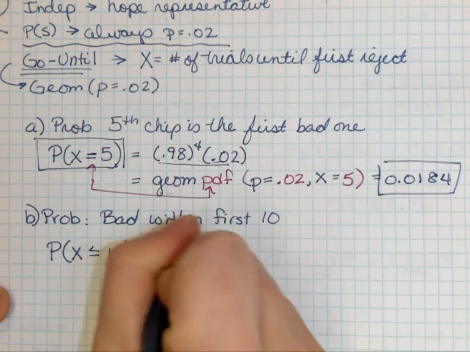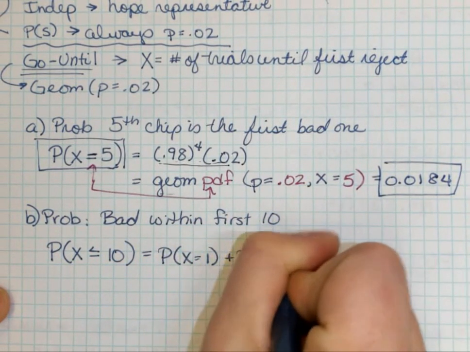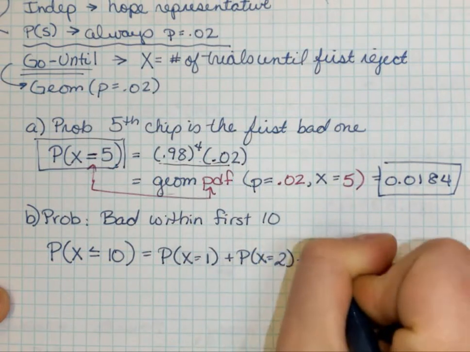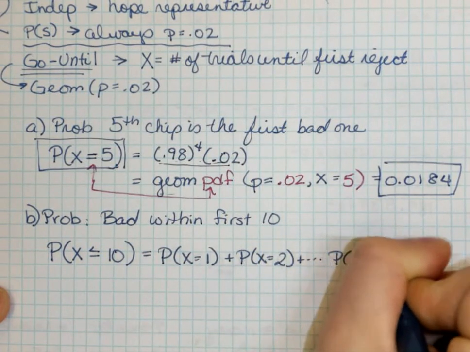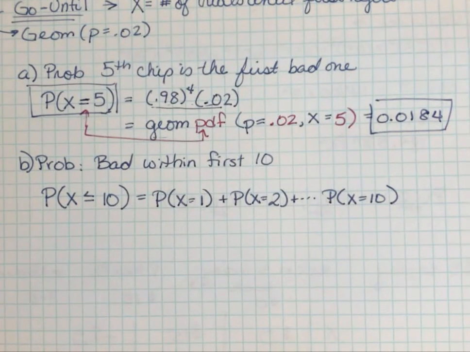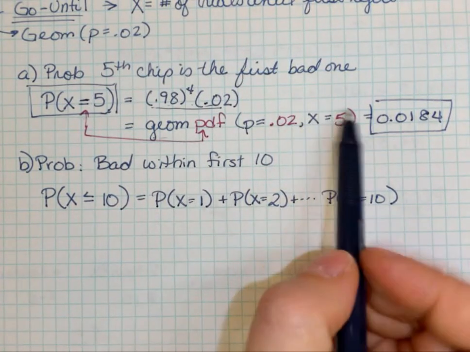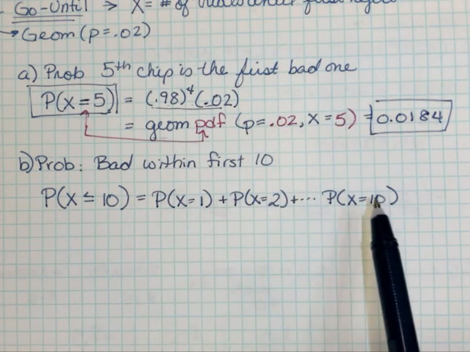That means the probability that it happens on the first one, probability it happens on the second one, all the way up to the probability it happens on the 10th one. Nobody wants to do that much work, right? You don't want to calculate this 10 separate times.